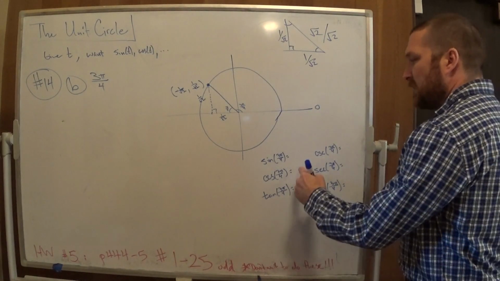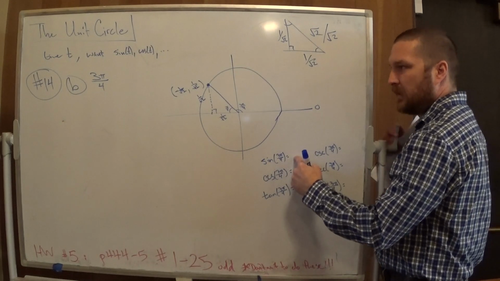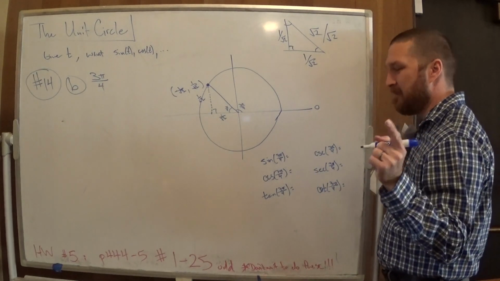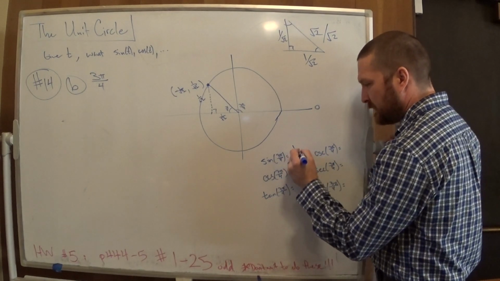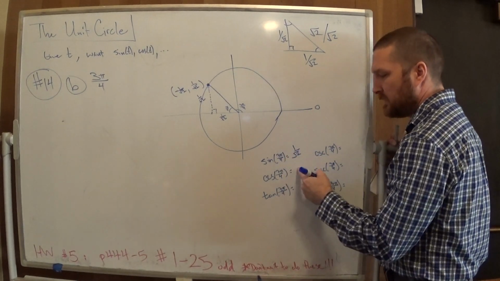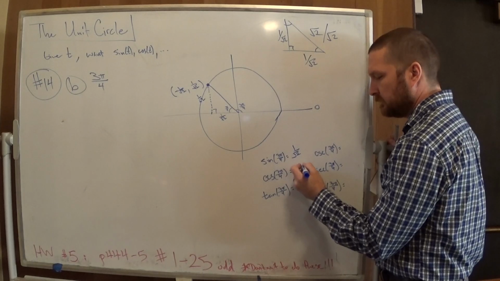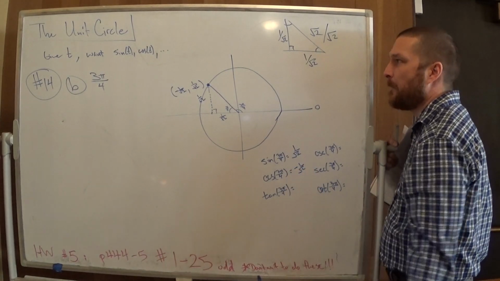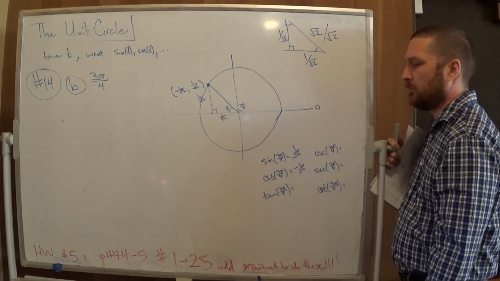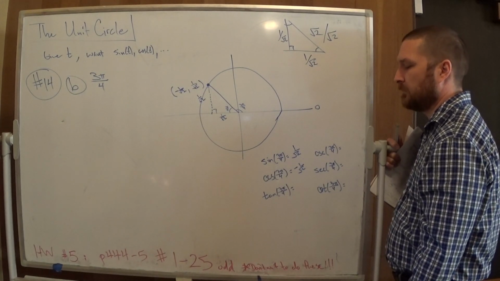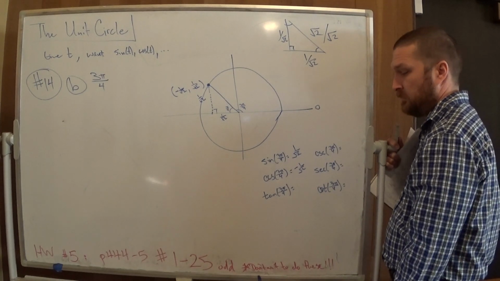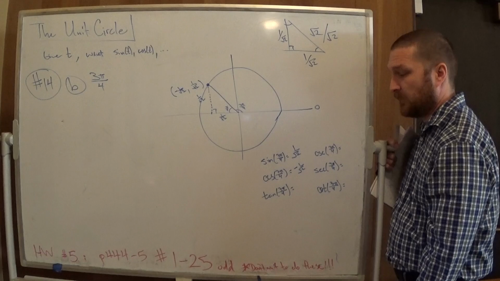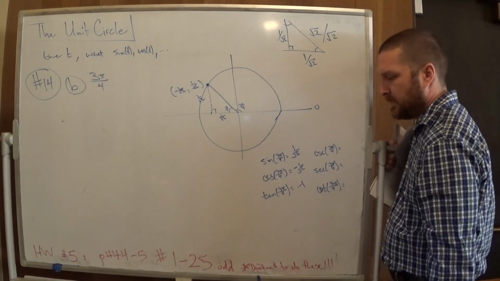So sine of 3 pi over 4 is what? Positive 1 over root 2. Cosine is negative 1 over root 2. Making tangent what? 1 over root 2 over negative 1 over root 2, which is negative 1, right?